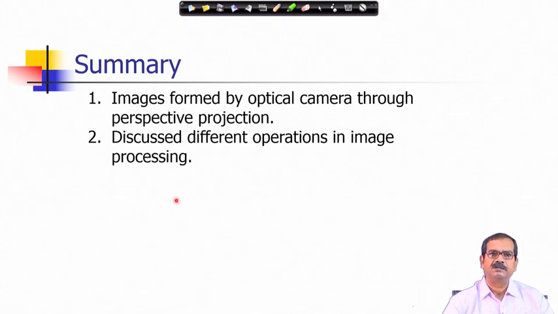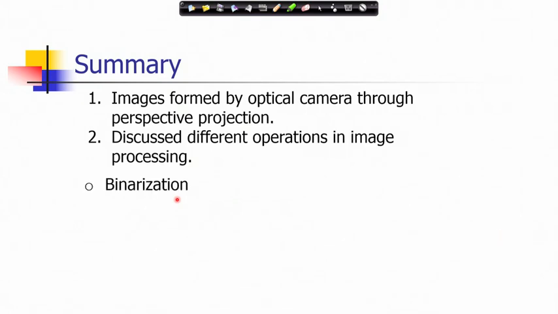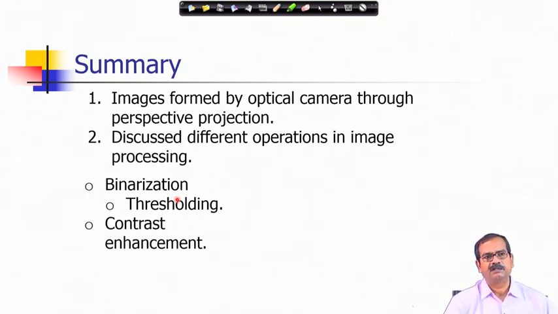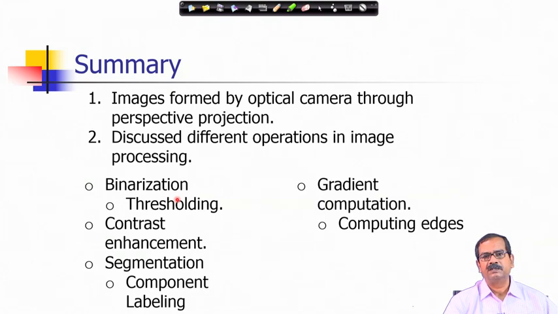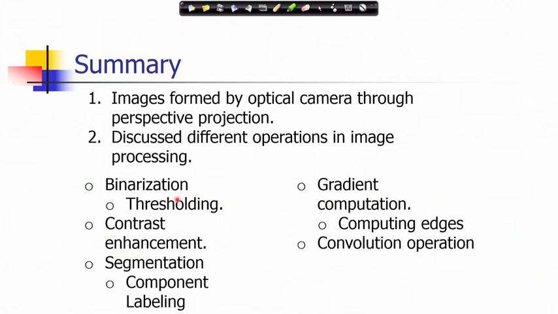Then we discussed different operations in image processing. Some of them are binarization, where particularly we discussed the thresholding operation. Then we discussed contrast enhancement, segmentation, and a special task of segmentation, component labeling. We also discussed gradient computation, where we discussed how edges could be computed, and convolution operations.